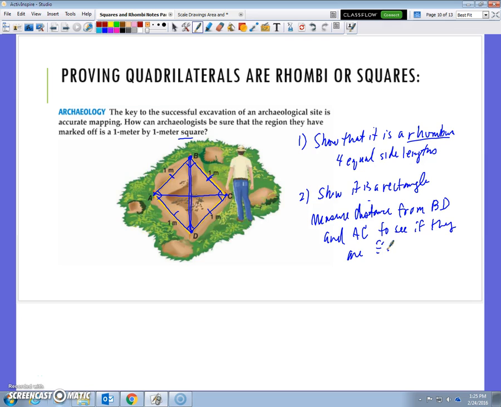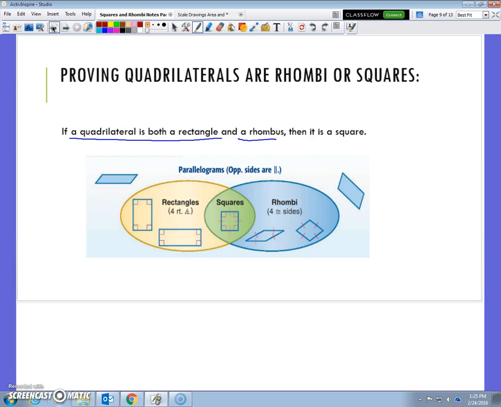As an archaeologist, I know that I have the 4 equal lengths here. That guarantees me a rhombus, but I just need to make sure the diagonals are congruent. Then it's a rectangle. So if it's a rectangle and a rhombus, boom, I know it's a square.